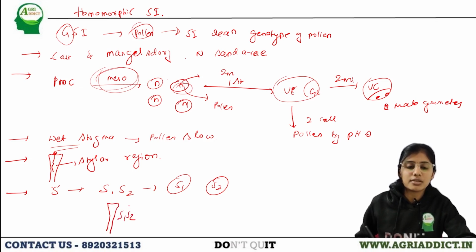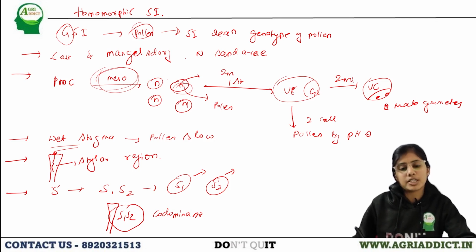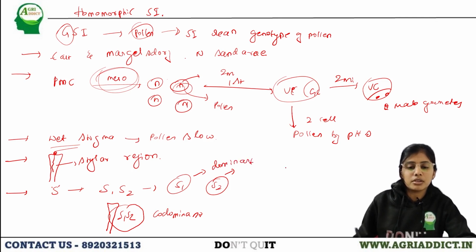So in style, we can see that S allele will act in a codominant manner. In case of gamete or the pollens, there will be a single allele, and that allele will be expressing. It can be taken as a dominant form. That is, in case of pollen, it is dominant. In case of style, it is codominant.